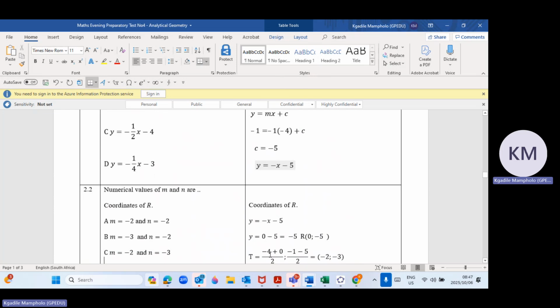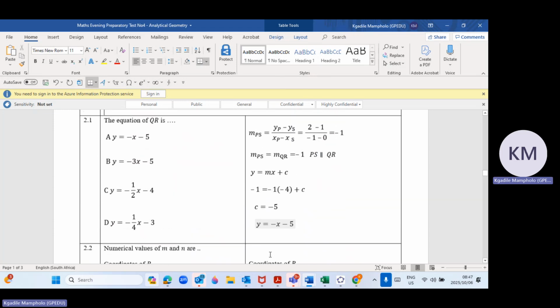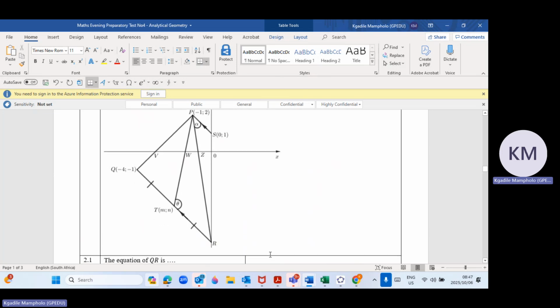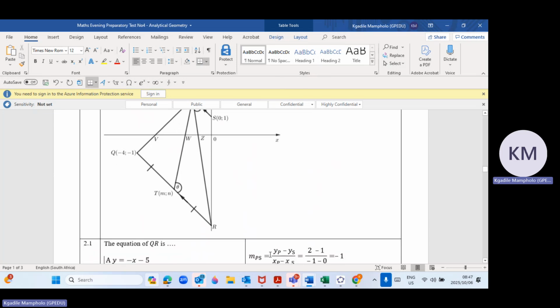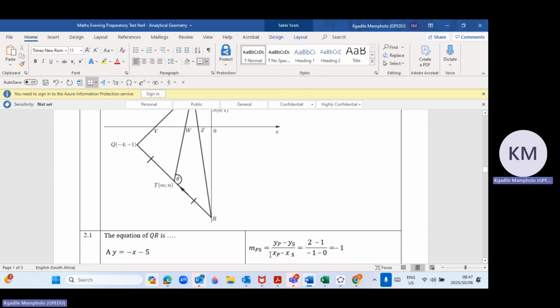Now, determine the numerical values of m and n. If we go back and look at this diagram, remember, m and n are the coordinates of T. T is the midpoint, so you must use the midpoint formula to get it.